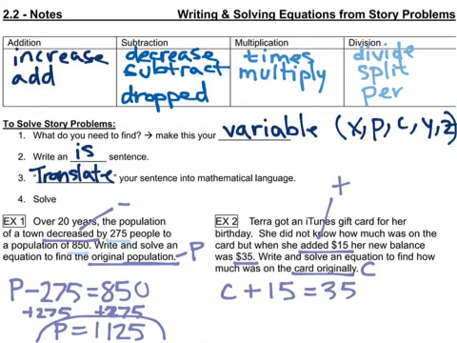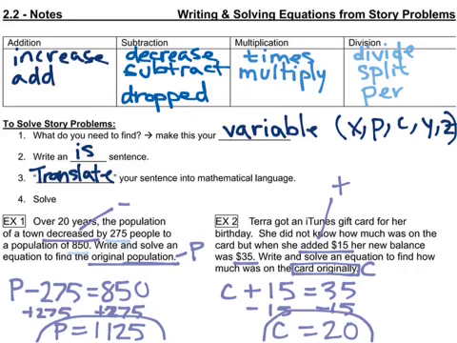We still don't see that clearly, but once we solve the equation, we'll be able to see clearly what was on the card originally. So C plus 15, if I want to get C by itself, I'm going to subtract 15 from both sides. So minus 15 from both sides of the equation. And we have C plus 15 minus 15 is C, equals 35 minus 15 is 20. That is how much was on the card originally.